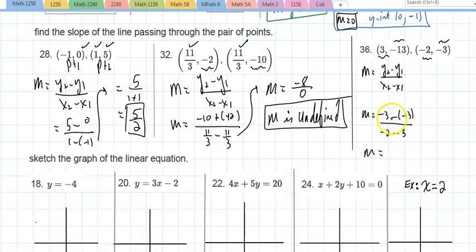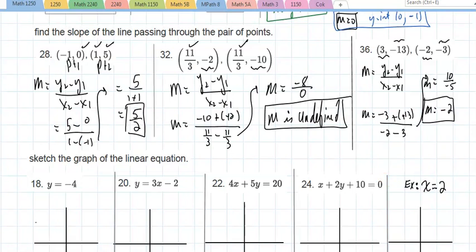And the slope would be negative 3 plus 13 is a 10. And negative 2 minus 3 is a negative 5. So the slope would be 10 divided by negative 5 is a negative 2. There it is. Not that bad.